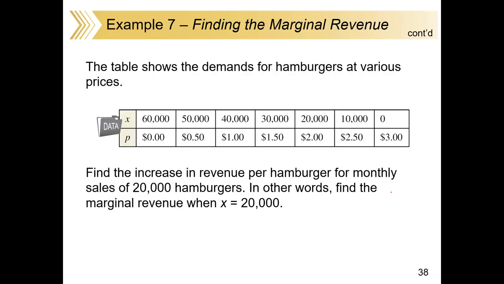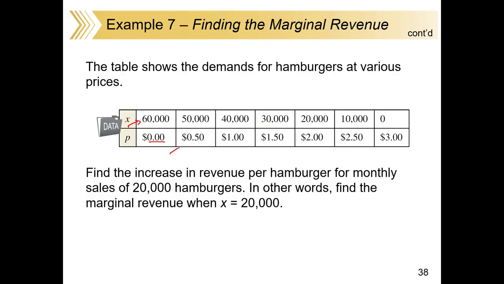Here's a table showing you some of the values. If we had a price of 0, in other words, we're giving away the hamburgers, we can give them away and get rid of, or sell, if you can call it that, 60,000 hamburgers.